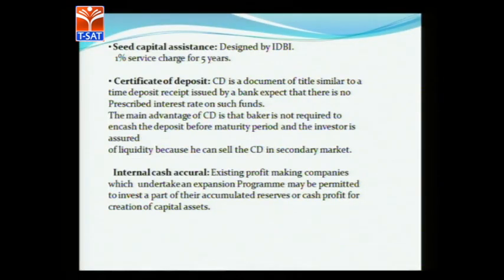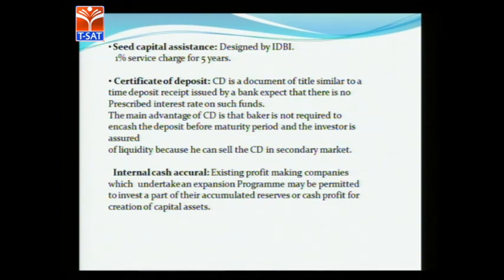And a certificate of deposit. A certificate of deposit means it is issued by a banker to a person, specifying a particular future period of time and a particular rate of interest. There is an advantage to certificate of deposit holders: they can sell the certificate of deposit to another person before its maturity date.